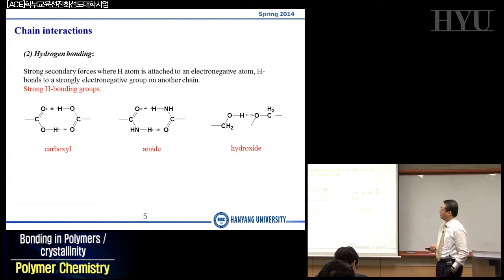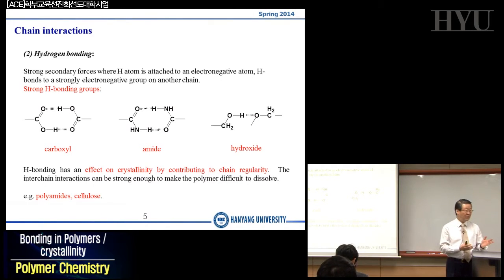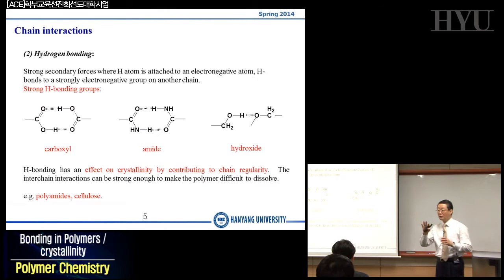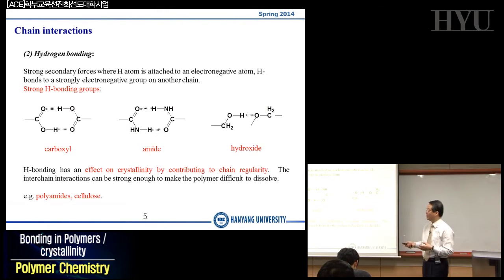Anyway, you can detect this hydrogen bonding in your IR, and you can imagine how strong this hydrogen bonding is. Anyway, this hydrogen bonding affects your crystallinity. We will talk a little bit about the crystallinity in chapter 4, but the crystallinity is influenced strongly by this hydrogen bonding.